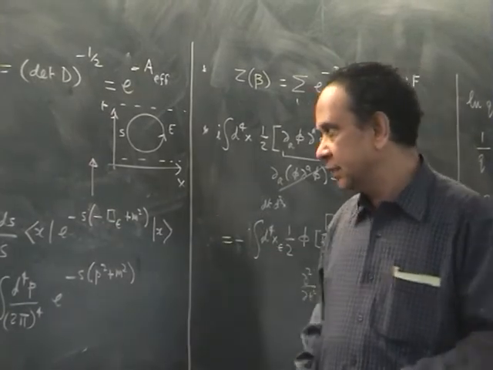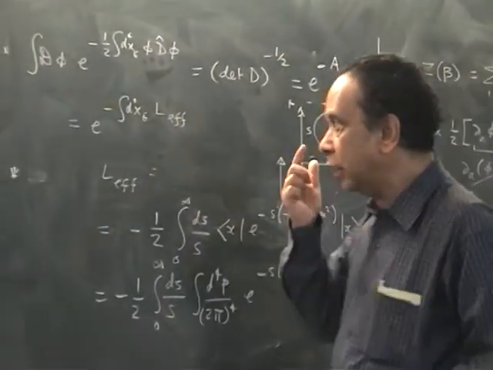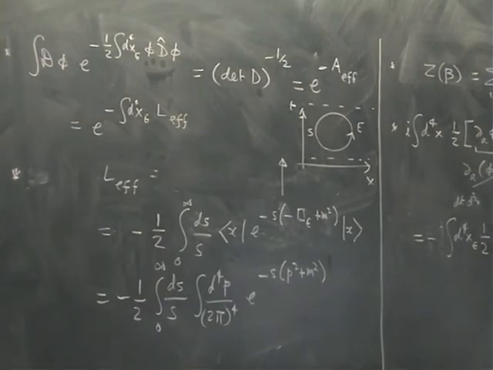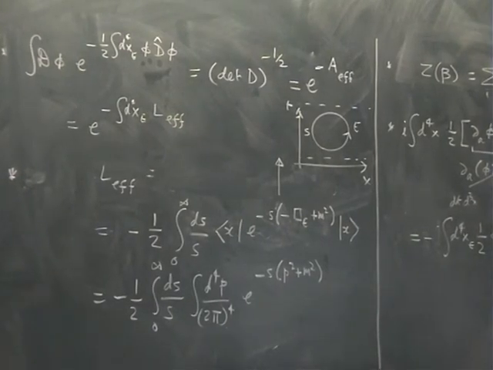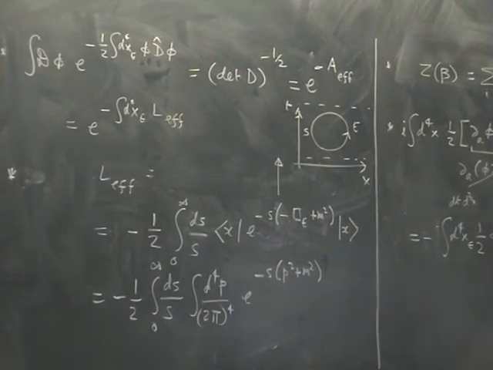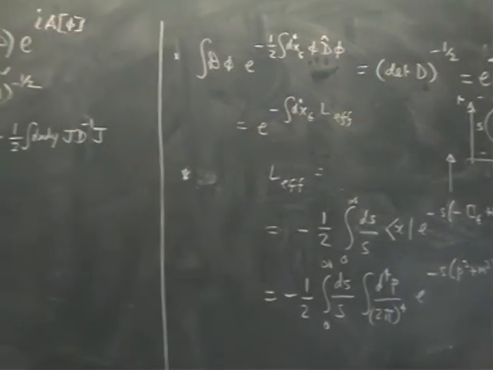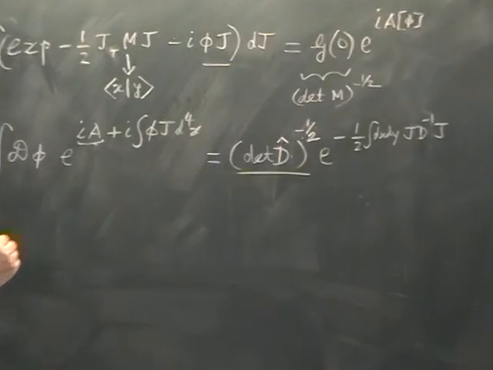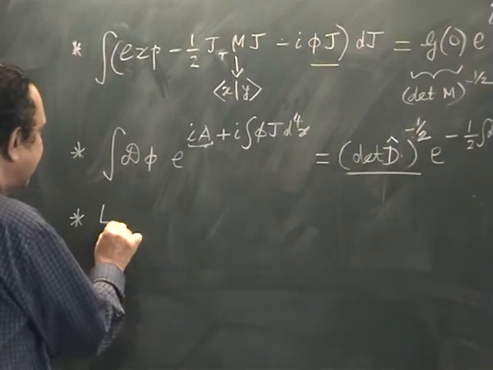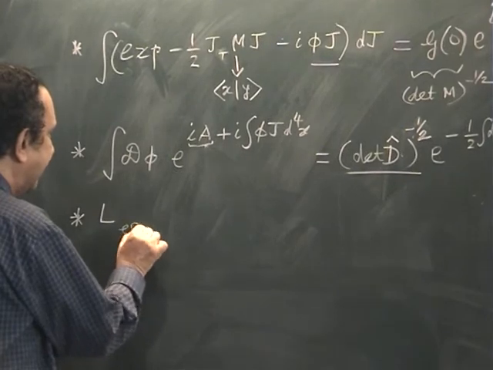I mean, this is now straightforward. Once you have got up to this point, I just need to keep one of them. Okay, I'll keep this. So we will do that. Having gone up to this point, I can just integrate over that ds.